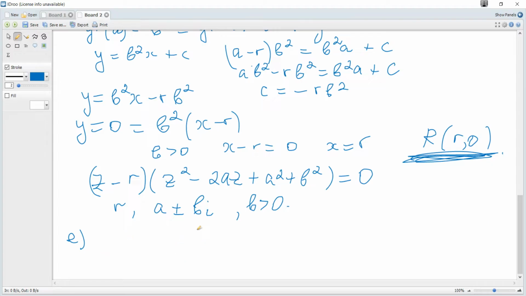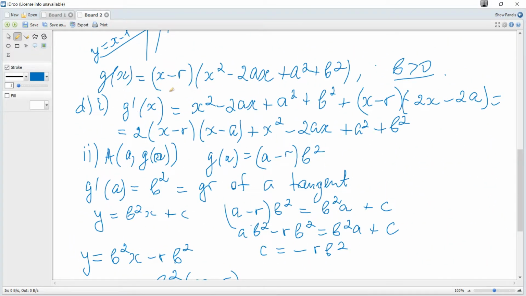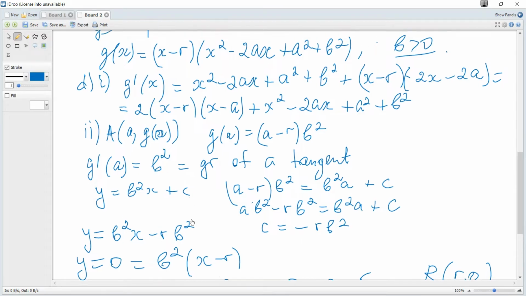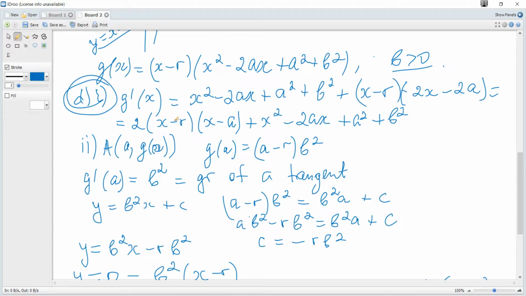And you can see that this equation is the same expression as for this function g. So we are told to use the result from di. This result is about the derivative of g at x, and the derivative of g at a is b squared.